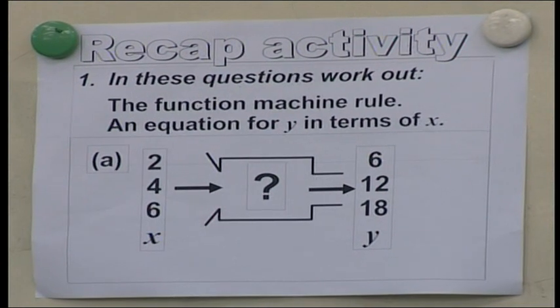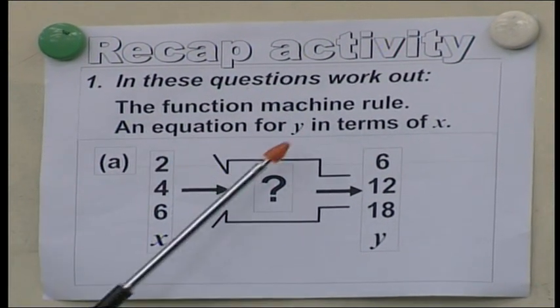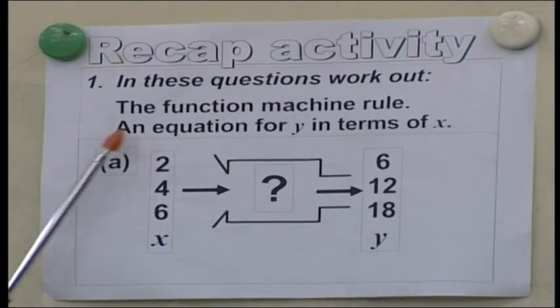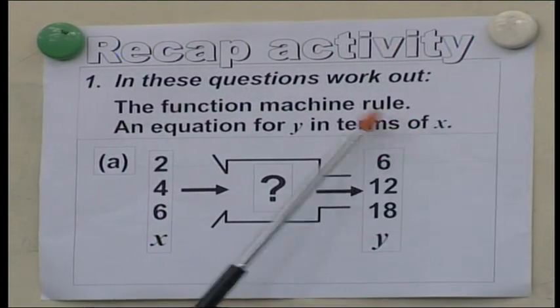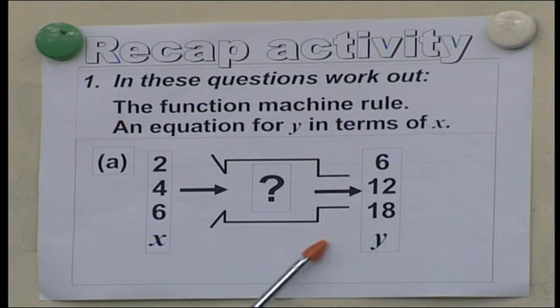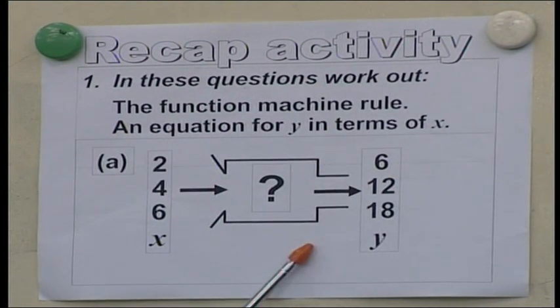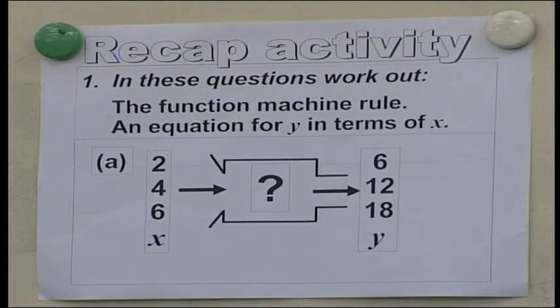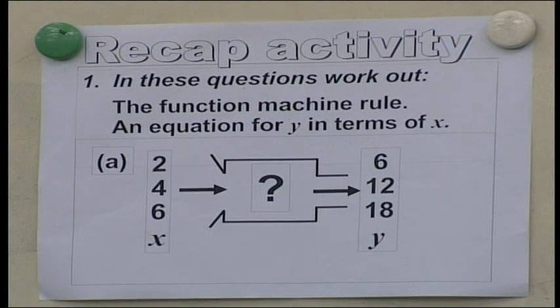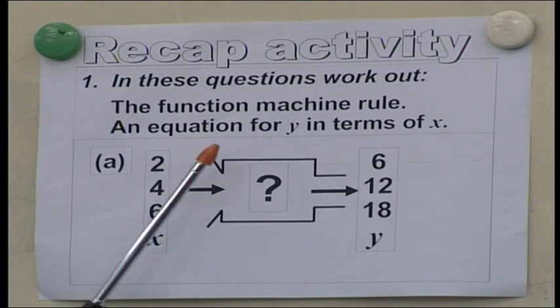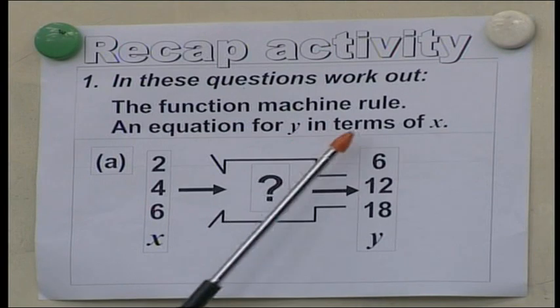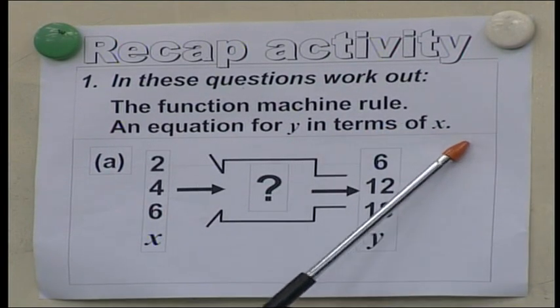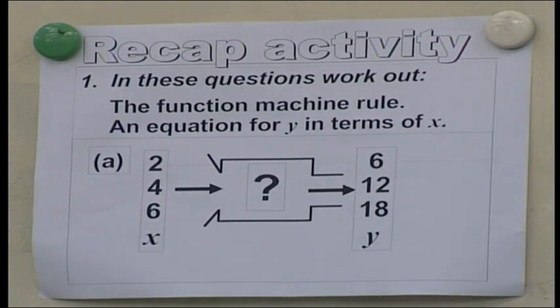Recap activity number 1. In these questions, work out the function machine rule that goes in the main part of the function machine. And also there is an equation that you are going to write in terms of y in terms of x. We have gone through that in our last lesson.